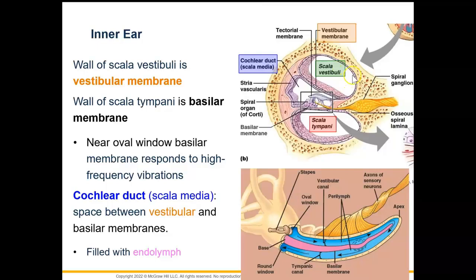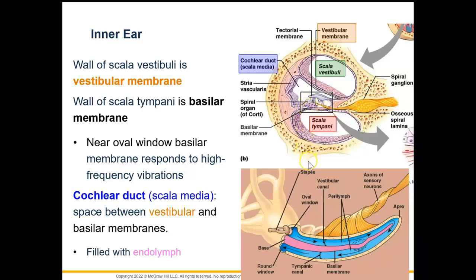Now, if you look at the wall of the scala vestibuli, you are going to see that we have a membrane known as the vestibular membrane. And if we look at the wall of the scala tympani, we have a wall known as the basilar membrane.